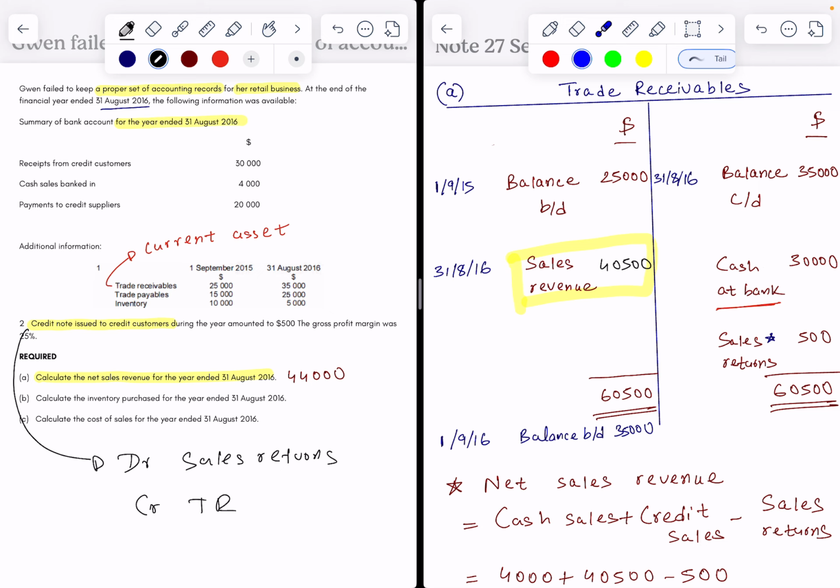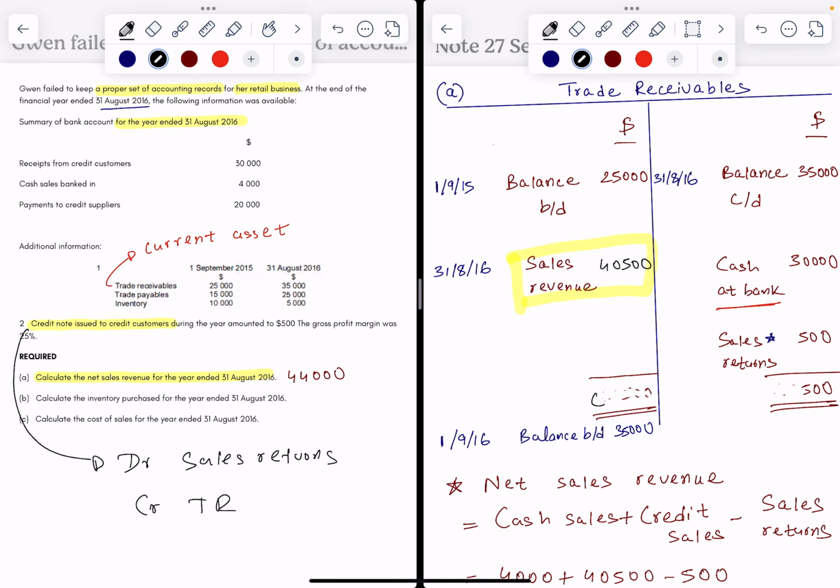Now, how do we find this missing amount for credit sales? What we have to do is add everything that we have got on the heavier side, which in this case, if you just glance through the ledger account, you will know it's the credit side. So you add everything on the credit side, which is 35,000 plus 30,000 plus 500, and that gives us $65,500, okay?